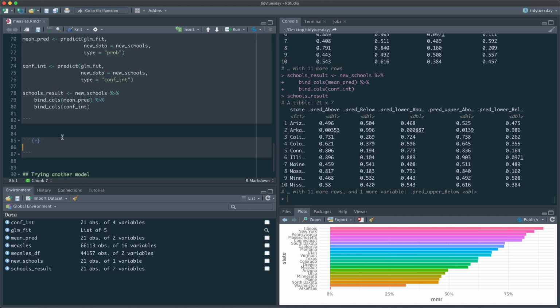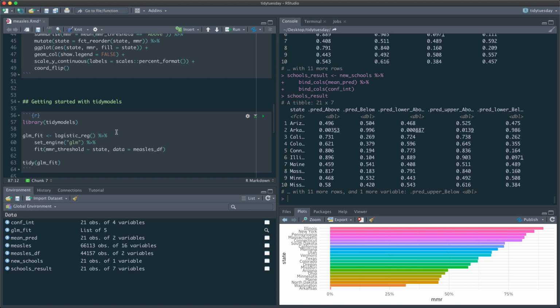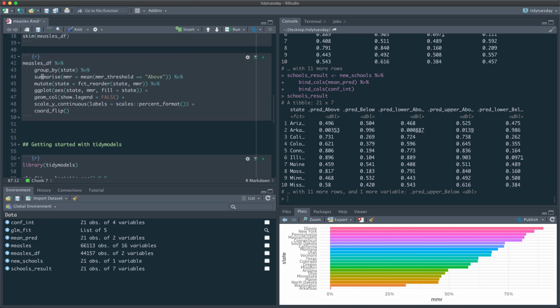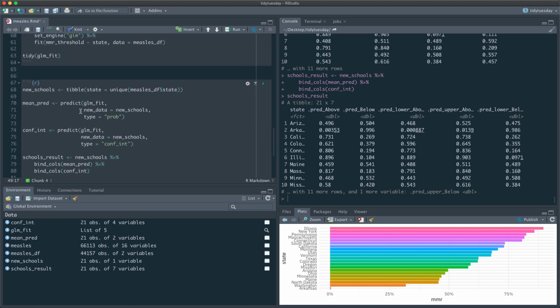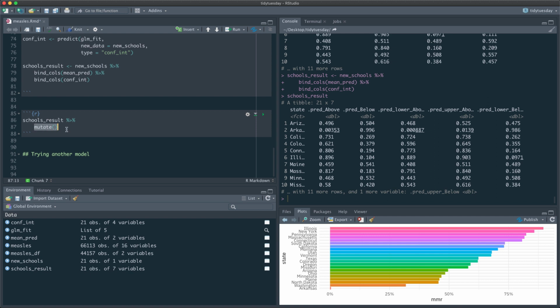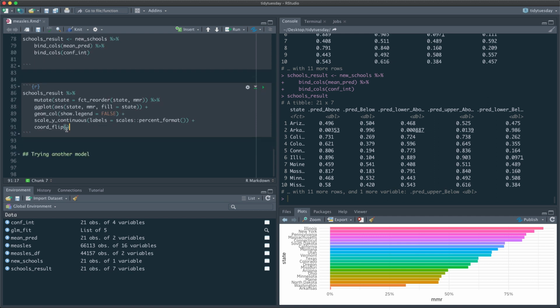And we can now make a nice little visualization that is going to show us this. Let's go up. It's going to look really similar to this. Here we go. Let's paste here. So state. Instead of MMR, we're going to use this predict.